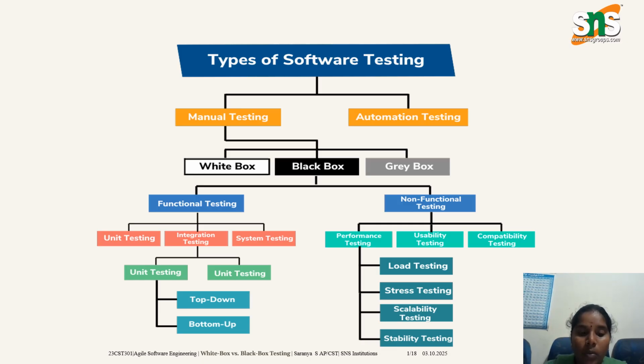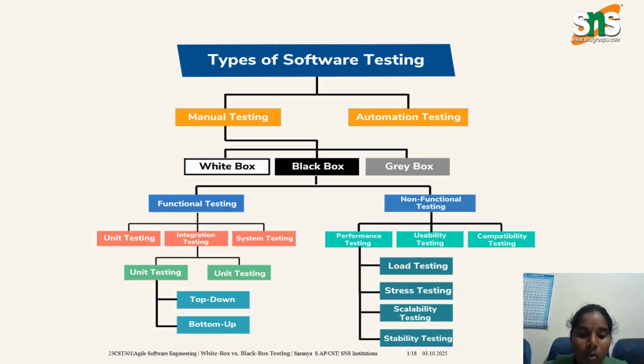And then black box testing is software testing in which the tester is not concerned with the internal knowledge or implementation details of the software, but rather focuses on validating functionality based on the provided specifications or requirements.